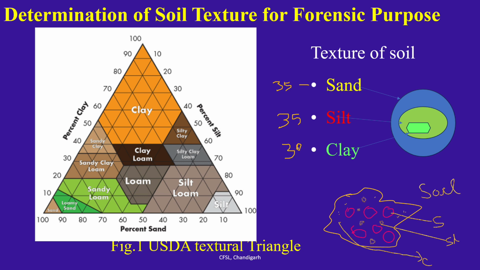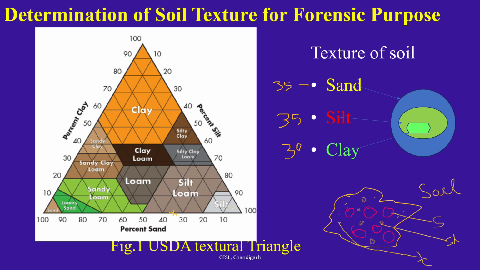So what is the nature of the soil? From this triangle, we can fix the nature of the soil. How? Suppose sand is equal to 35, so we come to the coordinate of the sand. Here is sand 35.